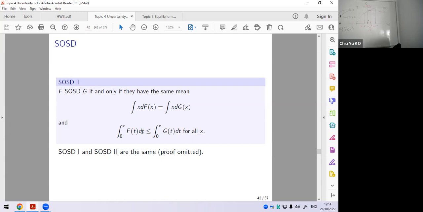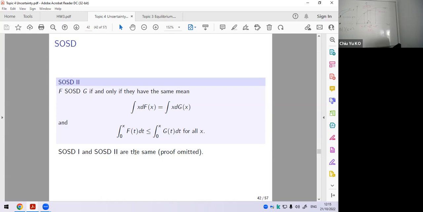This one is sometimes hard to check, but I should write it down here. There's an easier way to see it: if we have the variance under F less than the variance under G, we're done.